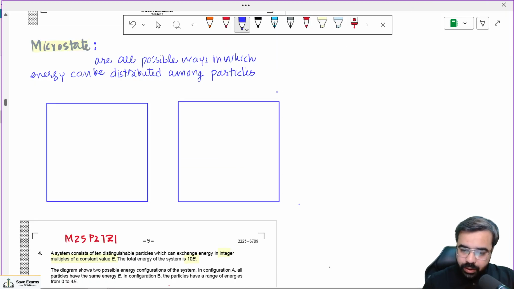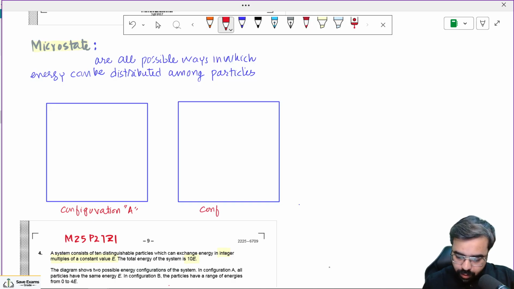One container shows configuration A, and I am explaining which has more microstates. For this, I am drawing these diagrams. You see that these are the 10 particles: 1, 2, 3, 4, 5, 6, 7, 8, 9, 10.